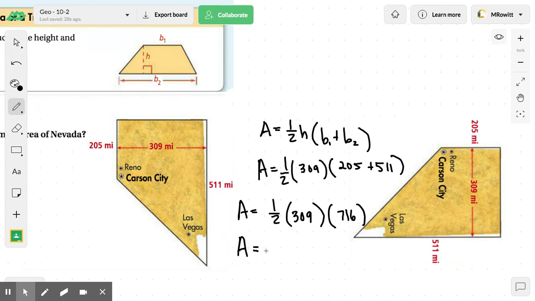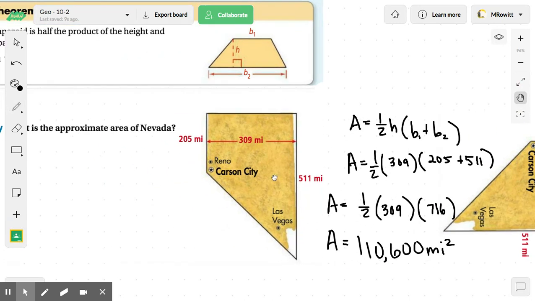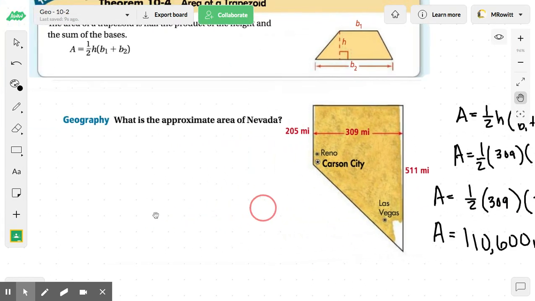So my area, when I plug all of that in, is 110,600 miles squared, right? When we're talking about area, my units are miles times miles. That's why it's miles squared. If you want to get fancy, add a comma in here. And that is about the area of Nevada, right? We're finding an approximation. They even told me they were finding an approximation when they asked me the question, right? It's the approximate area of Nevada.